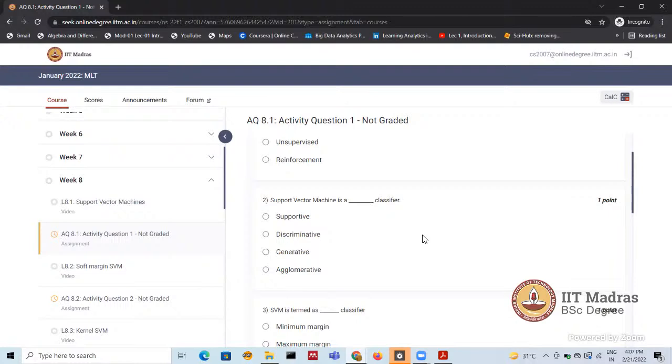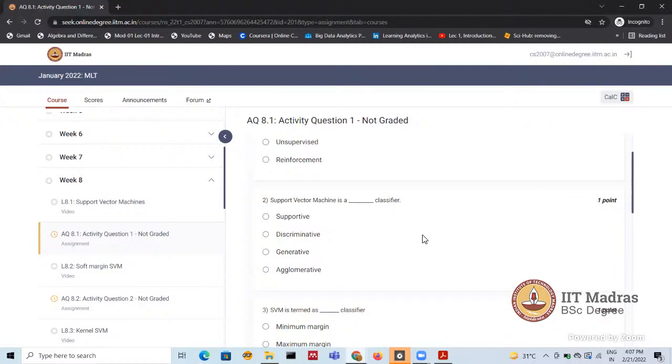I think in the first lecture itself it is mentioned that it's a discriminative classifier. Can any one of you tell what exactly a discriminative classifier is? It looks at the features of the samples and tries to identify the mapping between the samples and the labels, figuring out the differences between the samples and thus predicting the label.